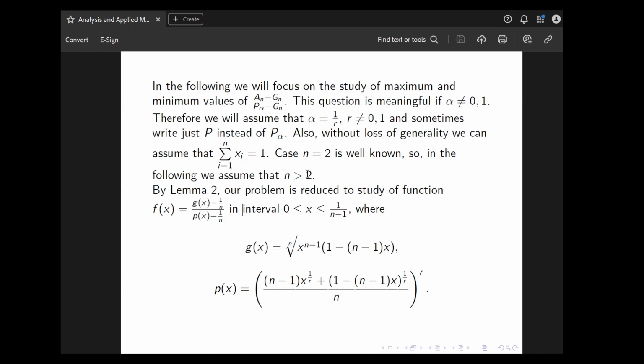Since we are interested in the maximum and minimum values, we have to look only at the case when n minus 1 of the numbers x1, x2, ..., xn are equal to x, and the remaining last one is equal to 1 minus x.